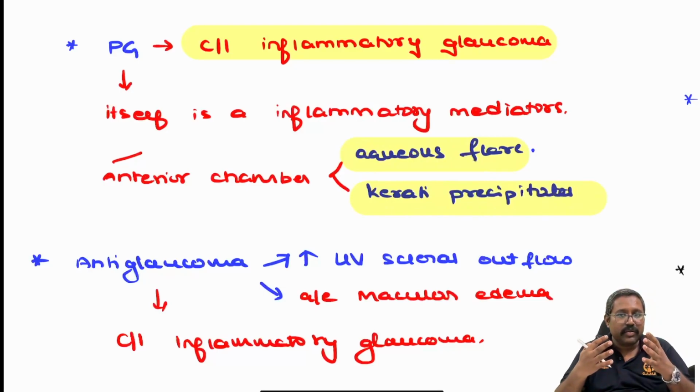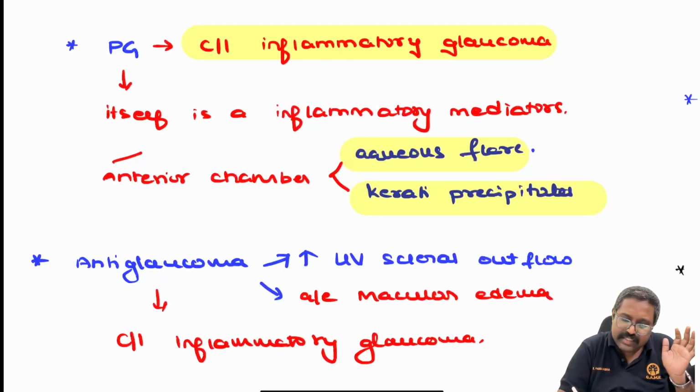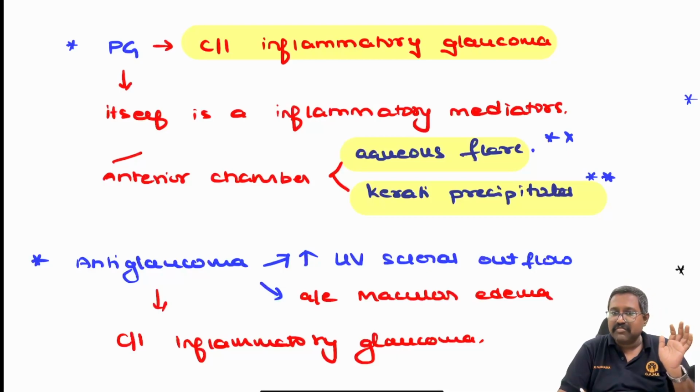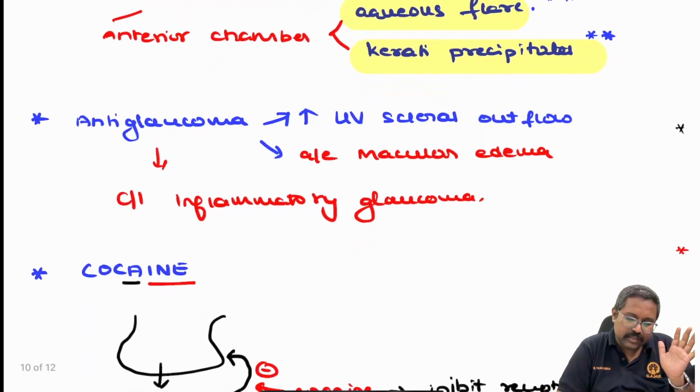This will be one of the case vignette items. On administration of a drug, there were aqueous flares and keratic precipitates, and which of the following drugs is responsible for this type of reaction? It is a prostaglandin analog, that is latanoprost, bimatoprost, etc.